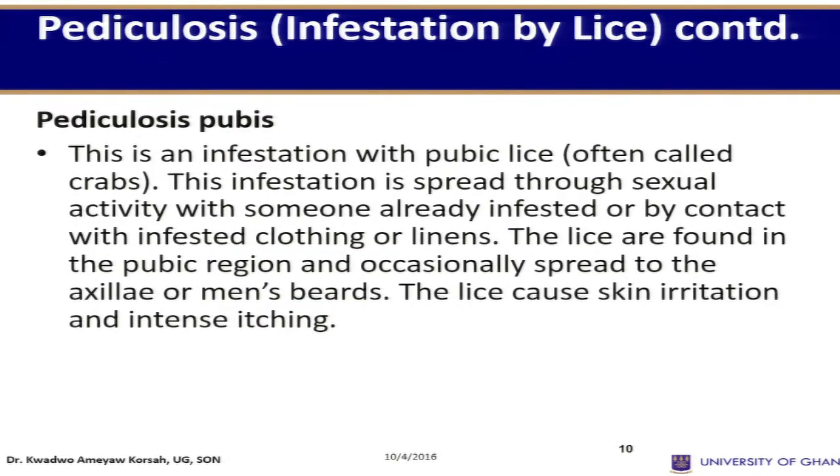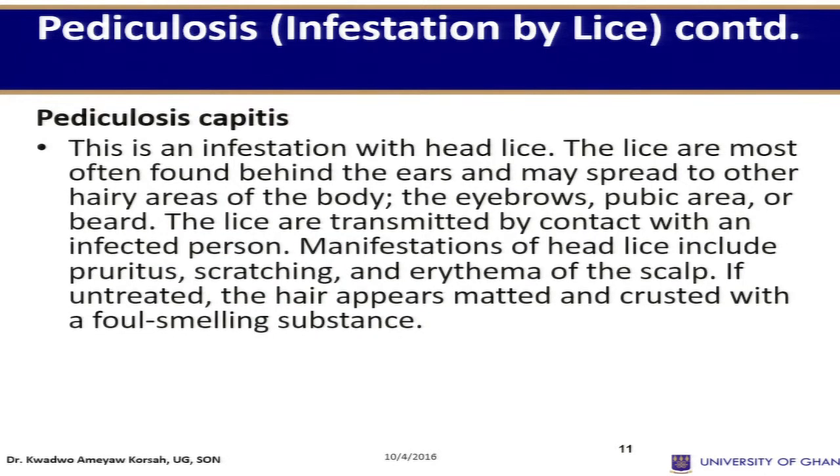They cause a lot of skin irritation and intense itching. As we have already noted, some of these conditions are associated with poor personal hygiene, so either the body or pubic area may be affected.